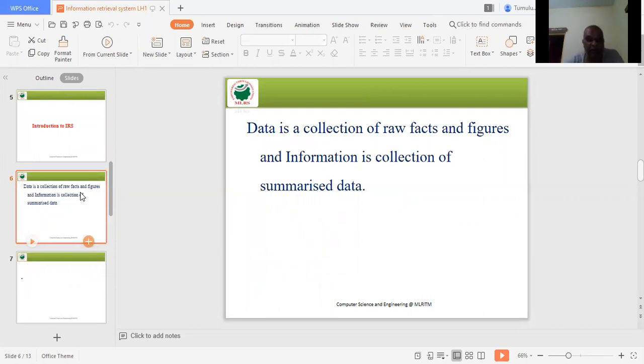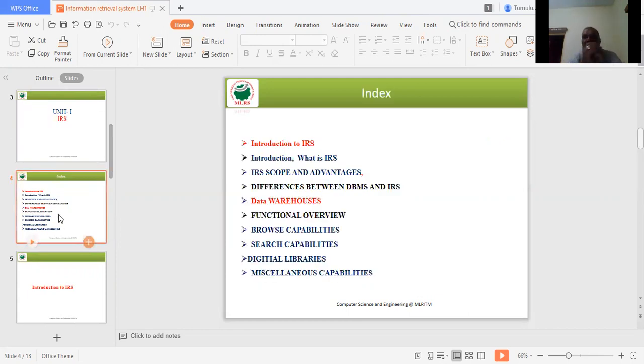So this is the syllabus in the first unit. The syllabus consists of the following topics: the introduction to IRS, Information Retrieval System, what is IRS, what is the scope of IRS, the advantages of IRS, and the differences between DBMS and IRS.